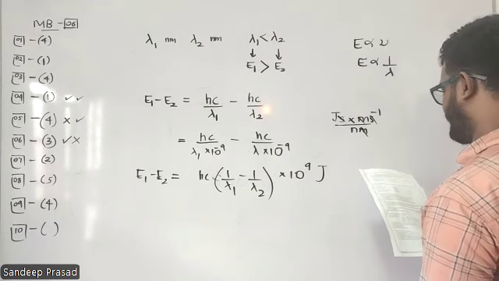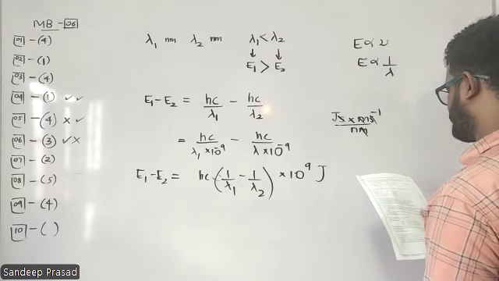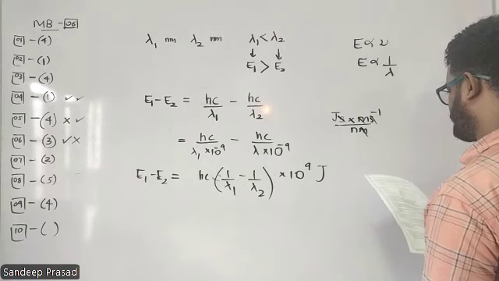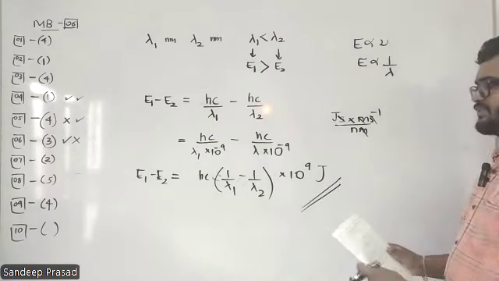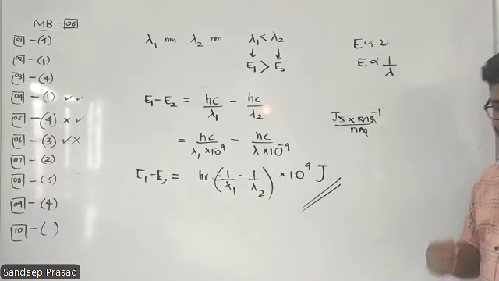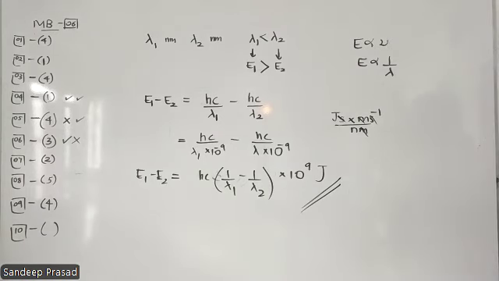But we don't have an answer like that, no? Raise your hand those who got the answer like this. Question number 9 answer like this. Question number 10 answer like this.